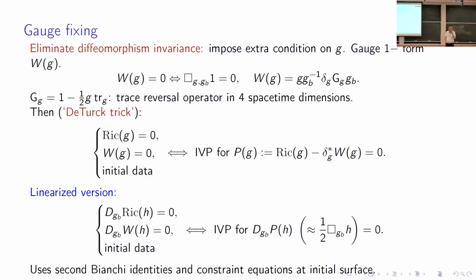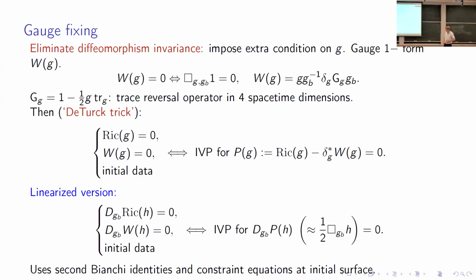Okay, so we will use generalized harmonic gauge. This is the way I think about it. There is a one-form called W of g, and the vanishing of this one-form characterizes that the identity is a wave map between your manifold equipped with your metric g and your manifold equipped with your metric g_b.